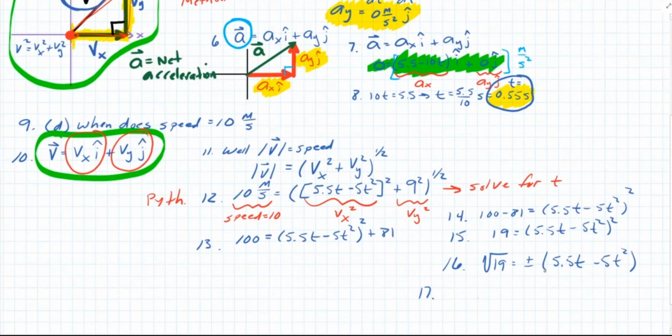I'm just going to look at the positive root. So if I just call that positive, I'm going to have the square root of 19 equals 5.5t minus 5t squared. And at this point, I think you can solve for t.